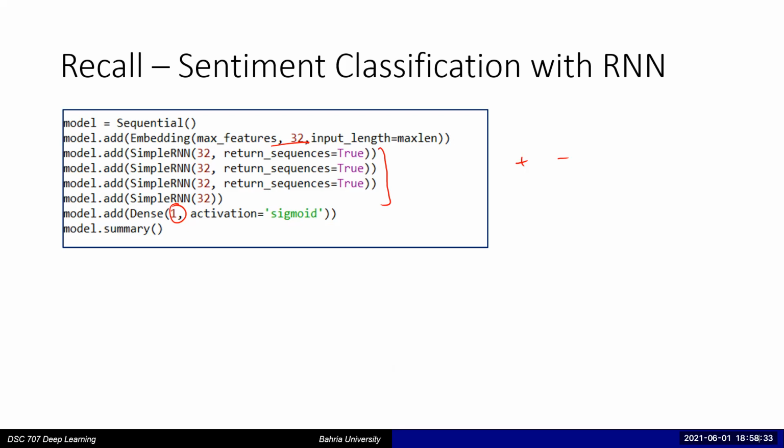Now, if you want to solve this problem with an LSTM, all you need to do is that instead of the simple RNN, you replace it by LSTM. So you see, from the viewpoint of implementation, it is so simple. You don't need to worry about all those numbers, how many parameters; you just write LSTM and any number. For example, this 32 here means 32 neurons in the hidden layer, and the rest everything is handled by the program itself.